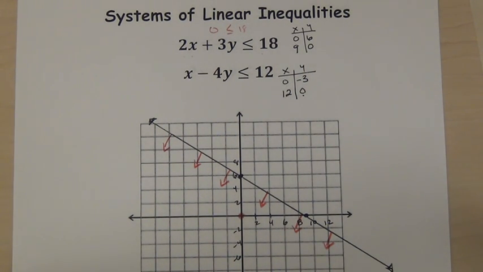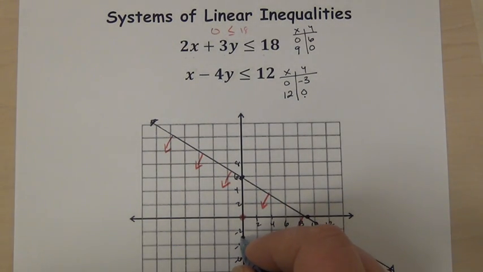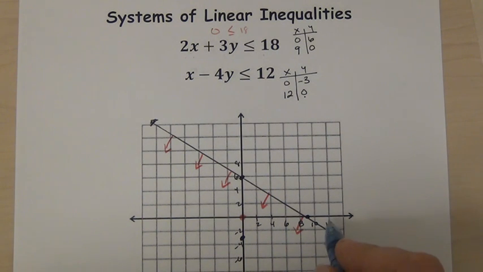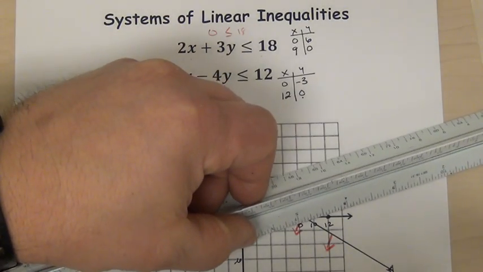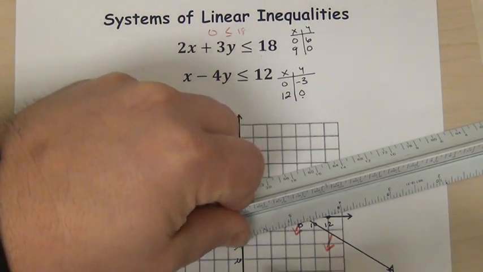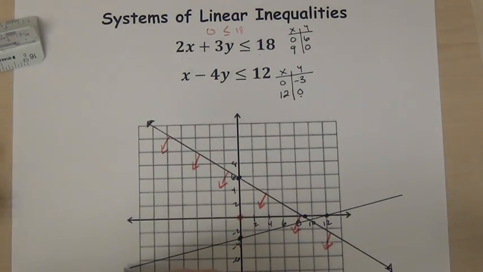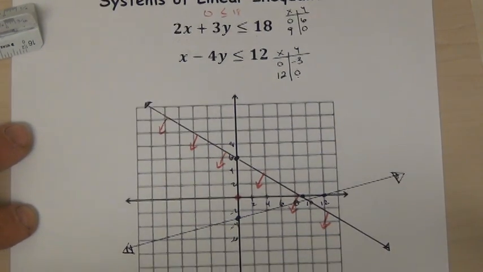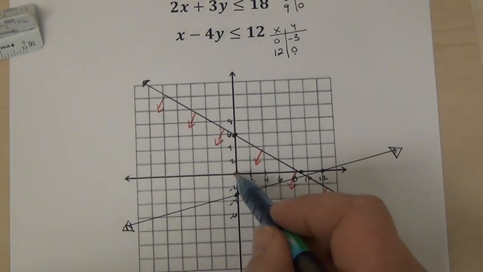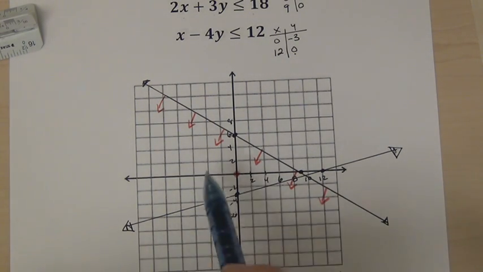On my next line, I see that my y-intercept is at negative 3. My x-intercept is at 12. And since it's a less than or equal to, and I've got that equal to, I can draw a solid line again. I put my arrows, because this line extends. And let's say I'm going to test 0, 0 again. 0, 0 lies above the line I just drew.